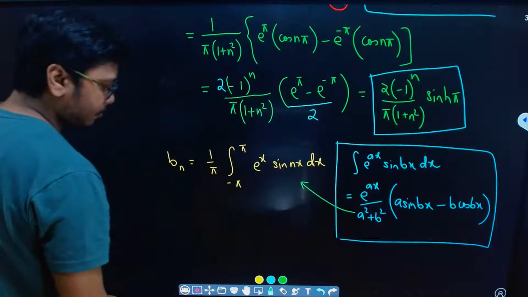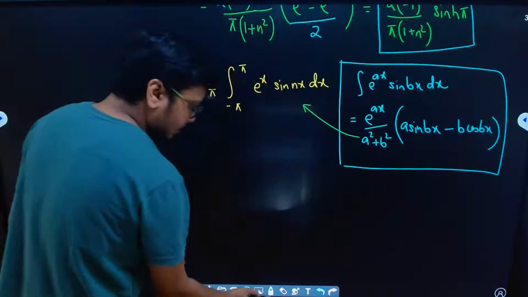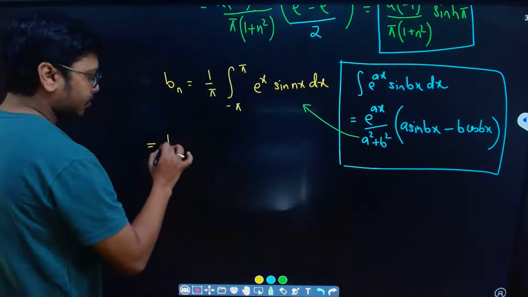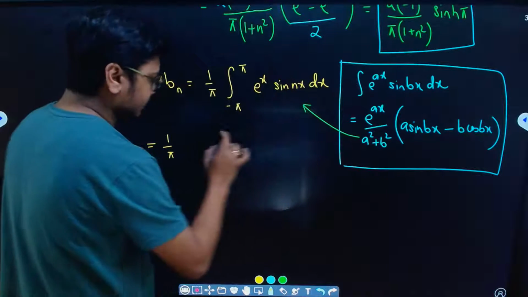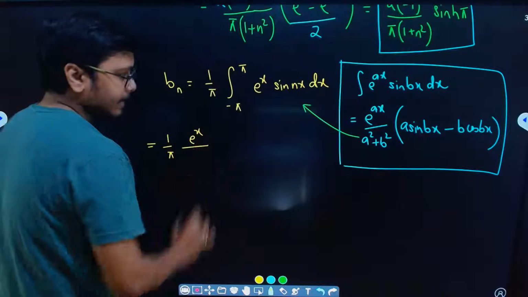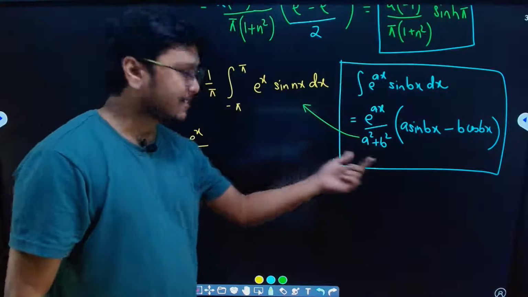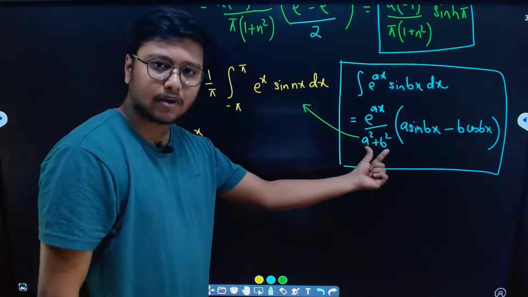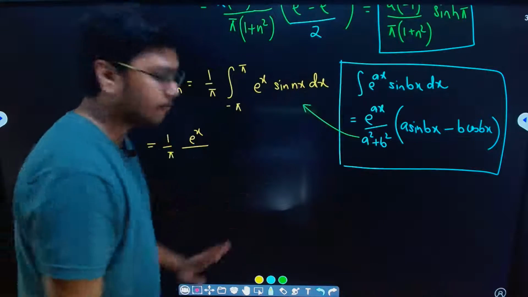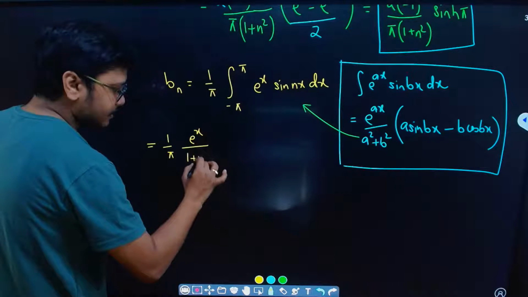So if I apply the formula, I will be getting 1 upon pi. e to the power ax is simply e to the power x by a square plus b square is again the same. a is 1, b is n. So a square plus b square is 1 plus n square, just like before.